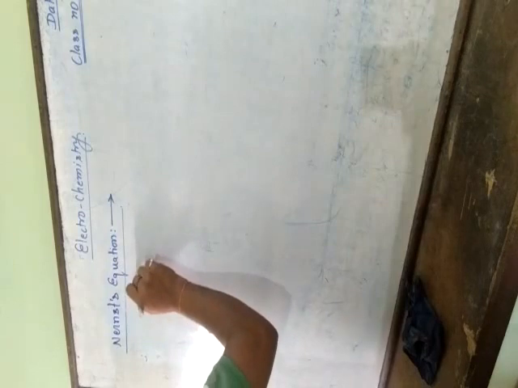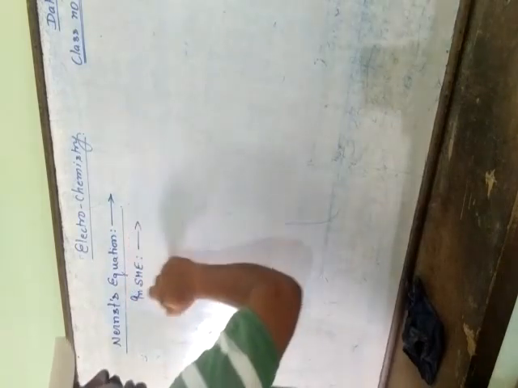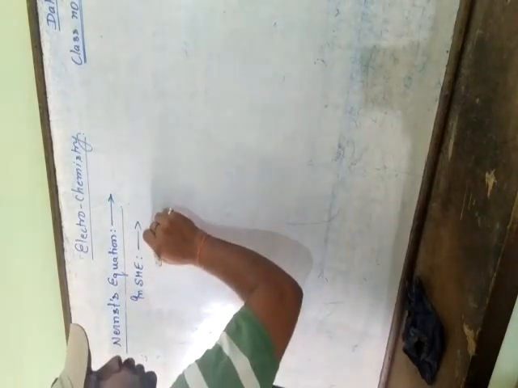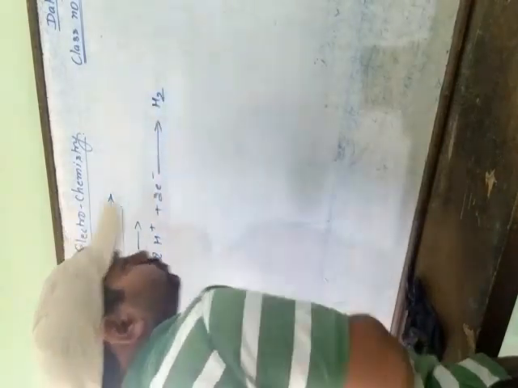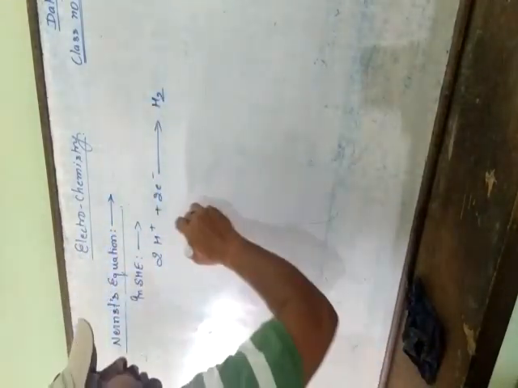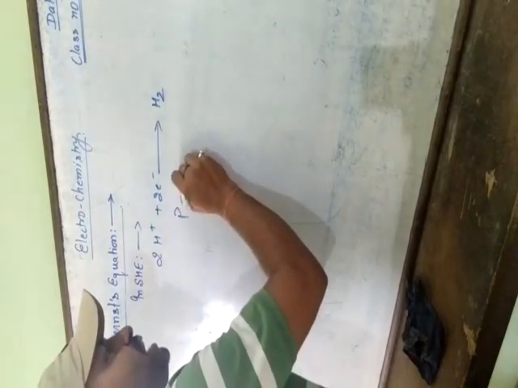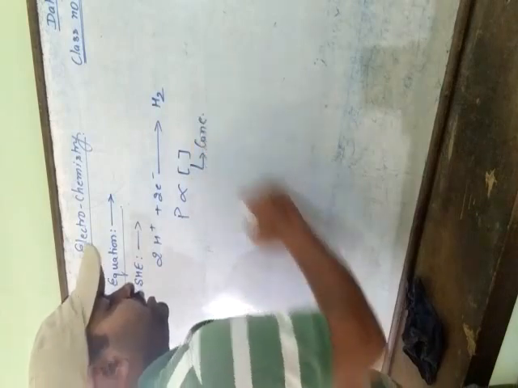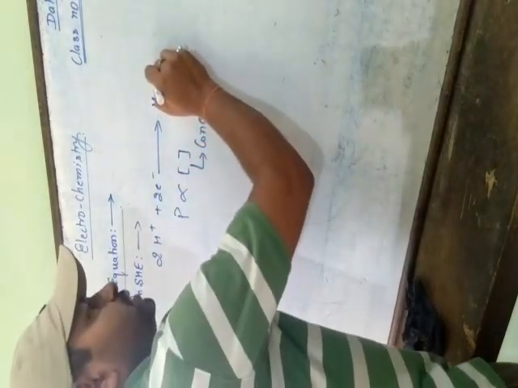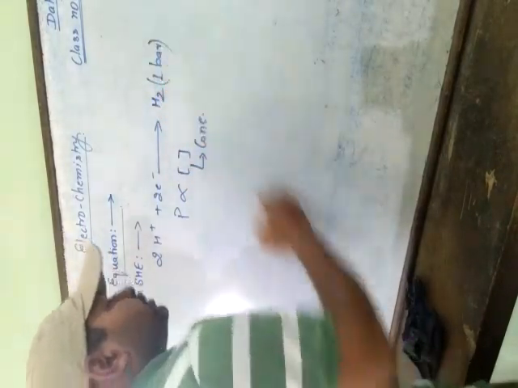In SHE, the equation is 2H+ plus 2 electrons gives H2. Now students, we know that pressure is directly proportional to concentration, and here it is 1 bar.